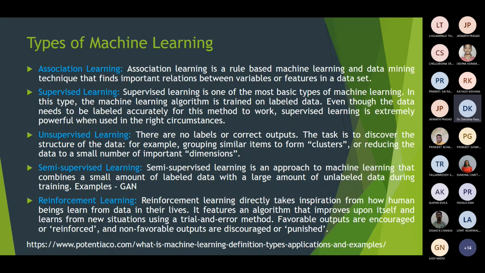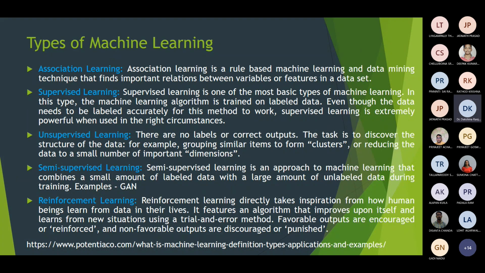For example, we can have the generative adversarial network, which is also known as GAN. A generative adversarial network is a perfect example of a semi-supervised learning technique where we use both labeled data and unlabeled data.